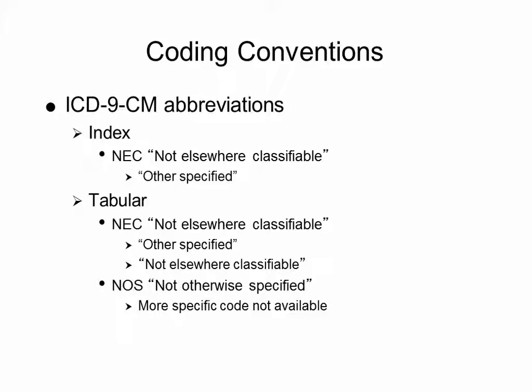Not elsewhere classifiable, or NEC, they've given you lots of documentation, but there isn't a code to represent the documentation they've given you. NOS, or not otherwise specified, is you can't pick a more specific code because the physician hasn't documented enough information to get very specific. Makes sense?